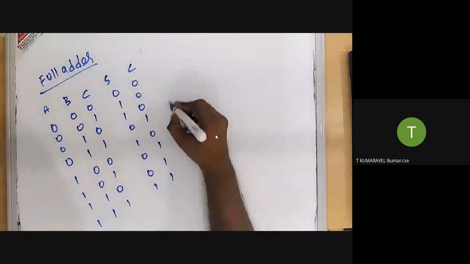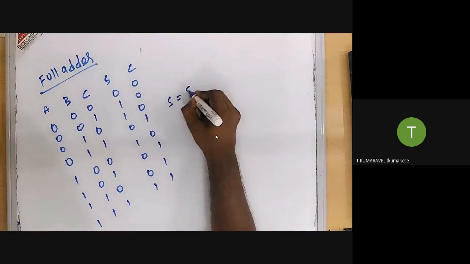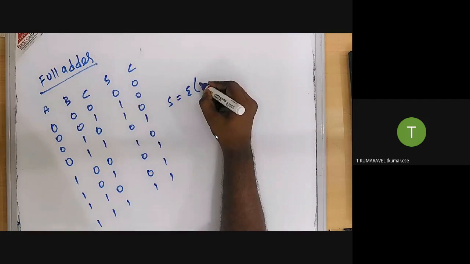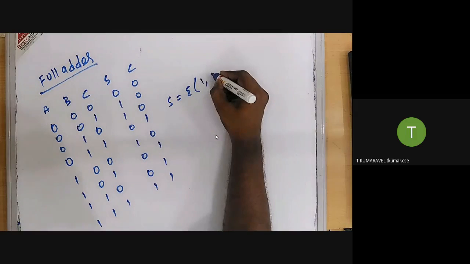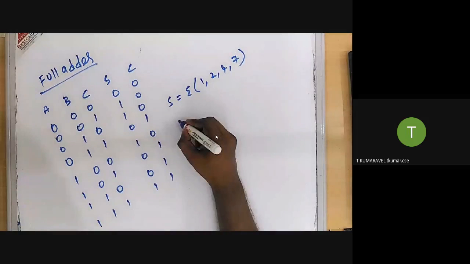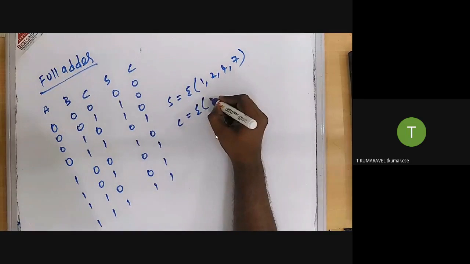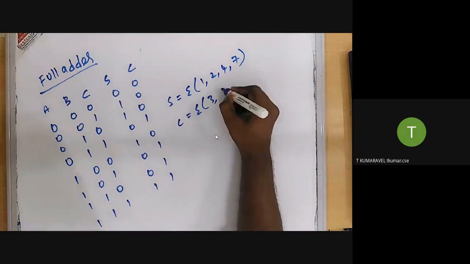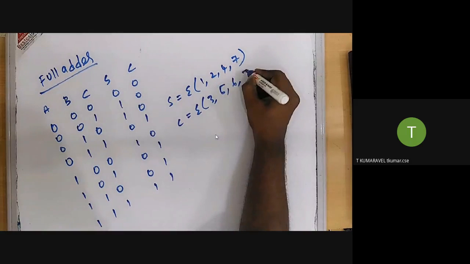What I have represented in the table can be represented as a sum of minterms. Whenever the sum value equals 1, the input combinations are 1, 2, 4 and 7. Similarly for carry, 3, 5, 6, 7.